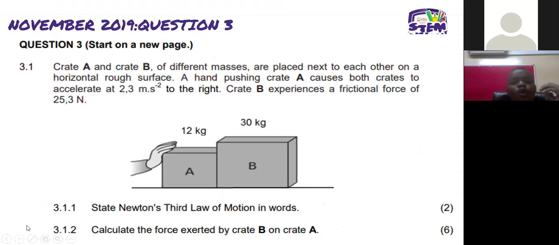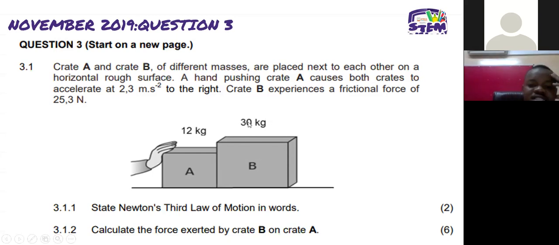Now, we will remember the forces that are acting on any of these two objects. For us to actually know them, we must do a free body diagram. But we were not really asked to draw a free body diagram for this question.